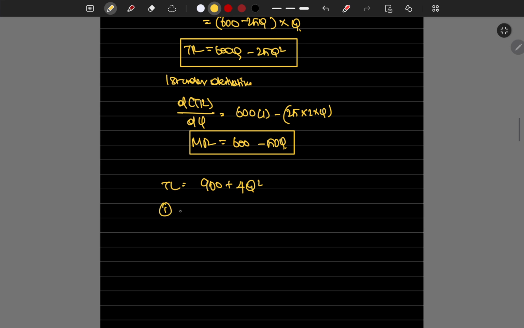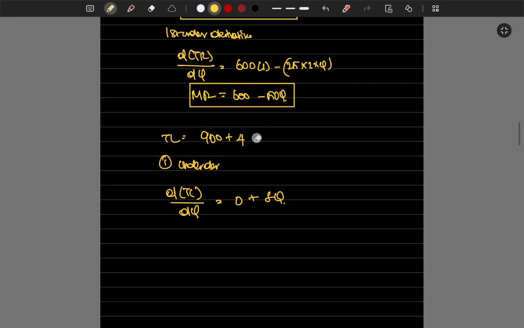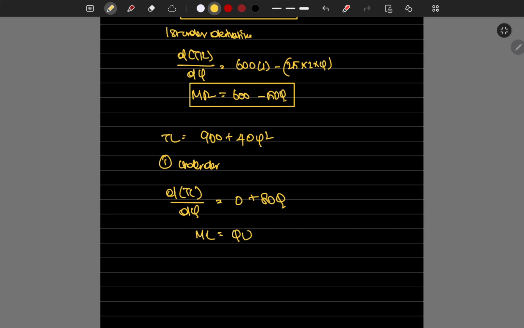We'll apply the first order derivative here also: the derivative of TC divided by the derivative of Q. 900 will become 0, no q factor. 40q square, 40 into 2, which is 80q. So marginal cost is equal to 80q.